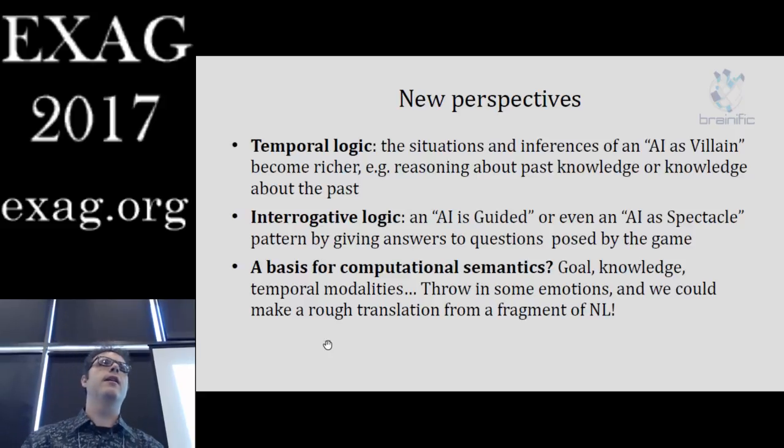We could also add temporal logic to reason about what we have seen in the past, or what one agent knew in the past, for example. Did it have the knowledge or the piece of information to commit a crime? Did it know where the knife was to murder someone? We can also use interrogative logic, in which the agent poses questions at the edge of their knowledge, and can be turned into an AI as guide or AI as spectacle, depending on the kind of information we feed it, useful or inappropriate.